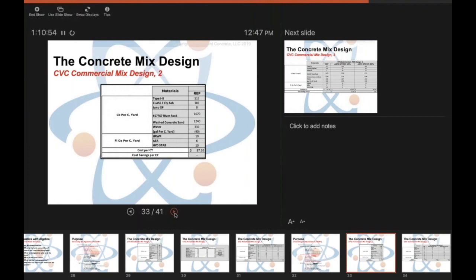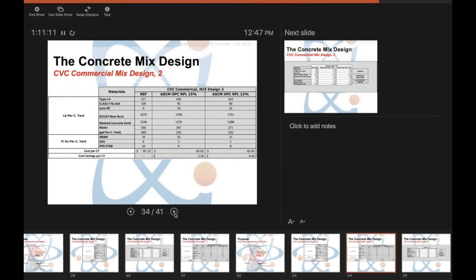And then our high range air entrainer and our hydration stabilizer, just as before, for a total cost of $87.10. And please bear in mind, that's only material cost. And Steve, can you jump down 2 slides?